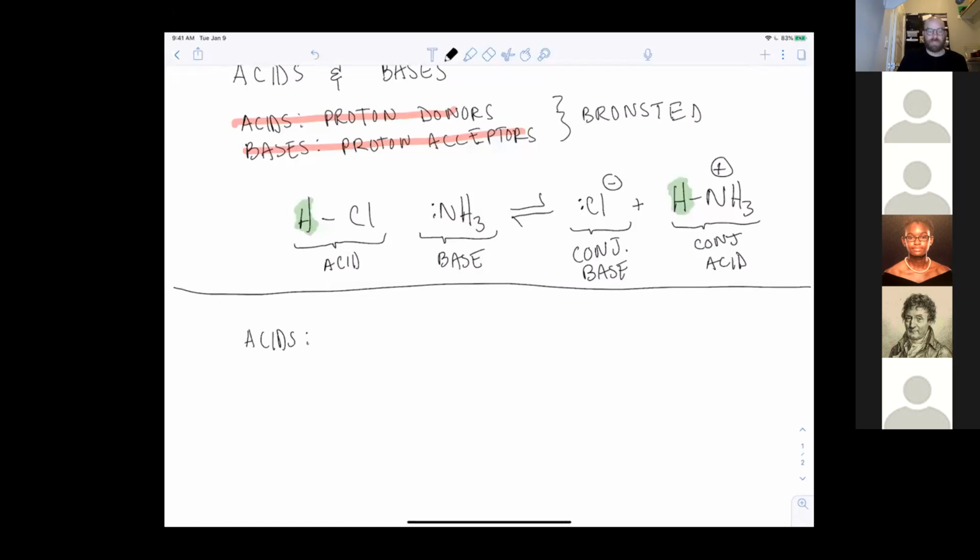So for Lewis acids, the acid is an electron acceptor. And the base is an electron donor.